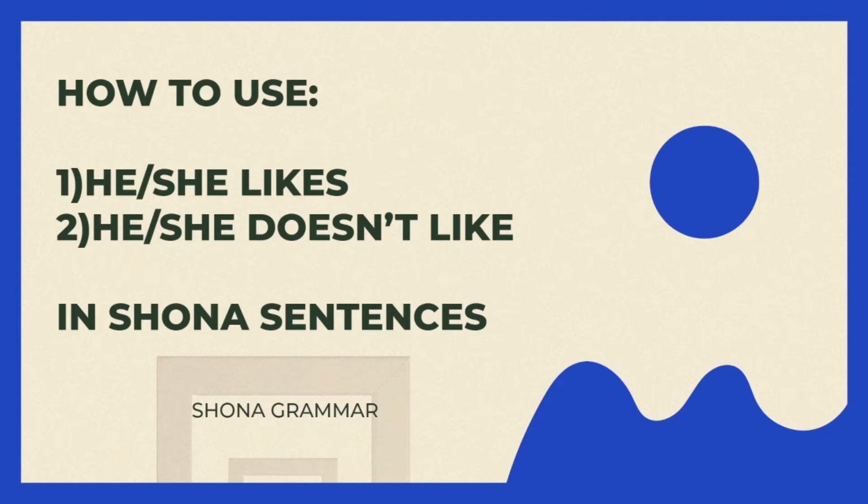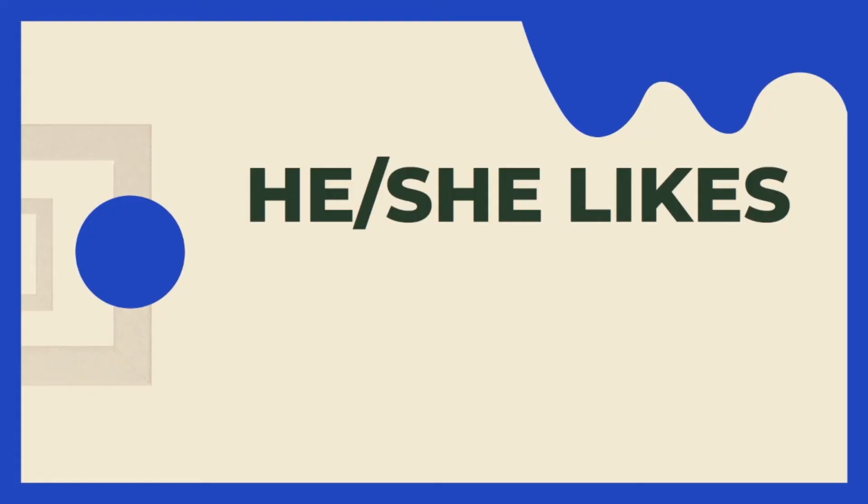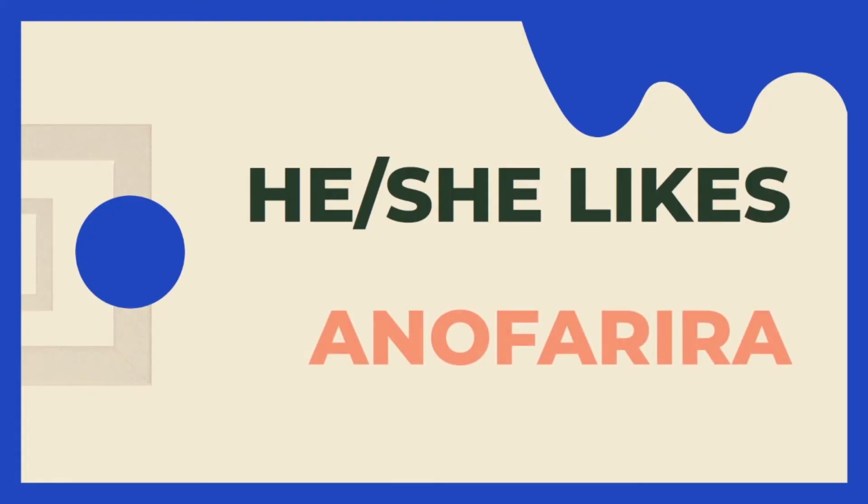So, we are going to start with the phrase he or she likes, and then later on we'll teach you the negation of that, which is he or she doesn't like. He or she likes in Shona becomes the word anofarira. Take note, it becomes one word.